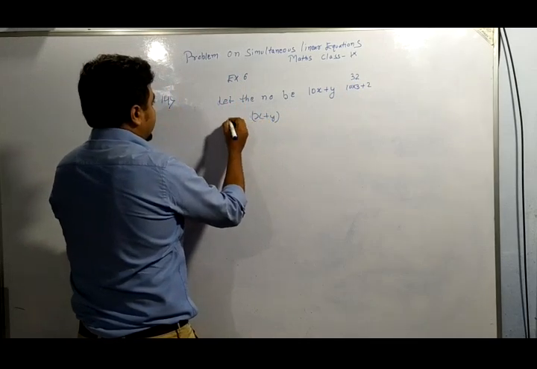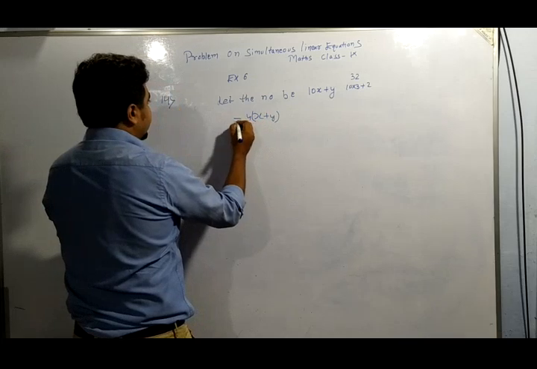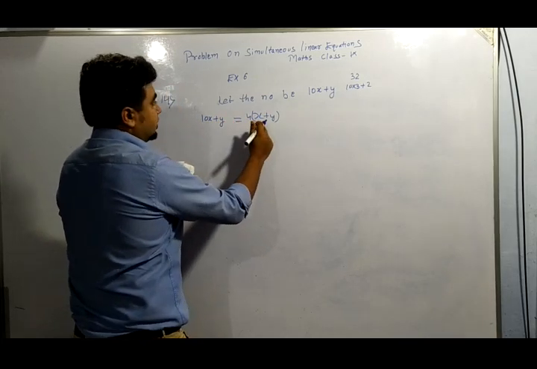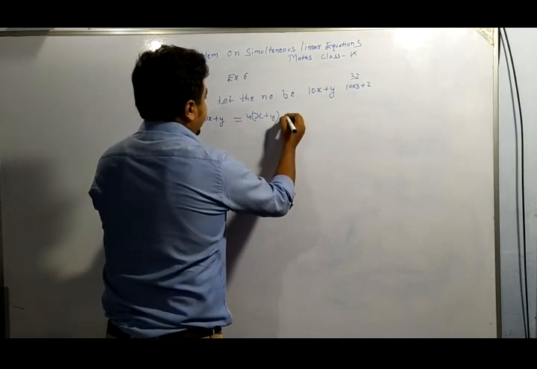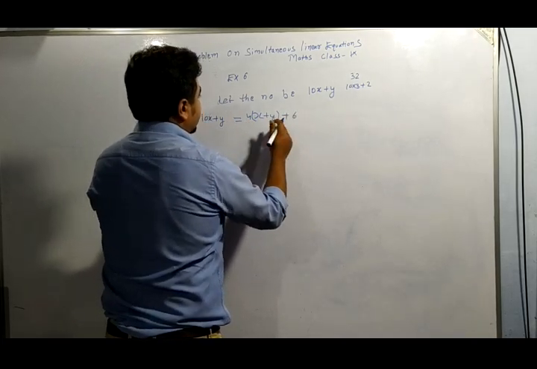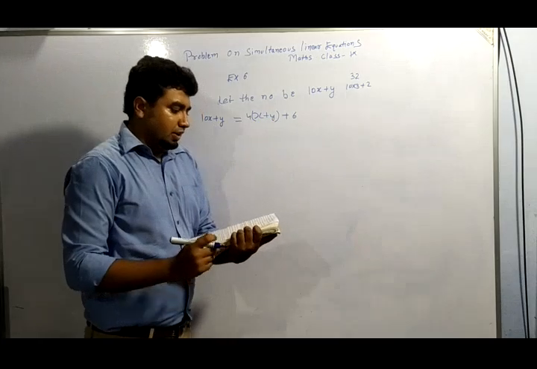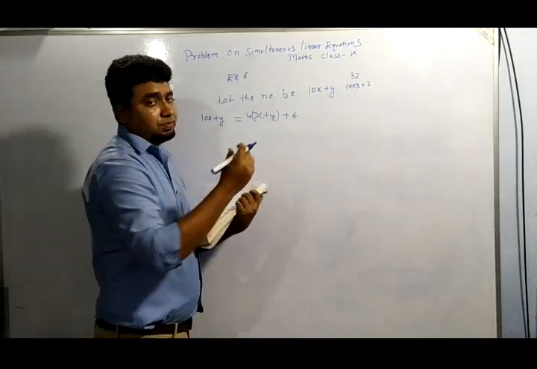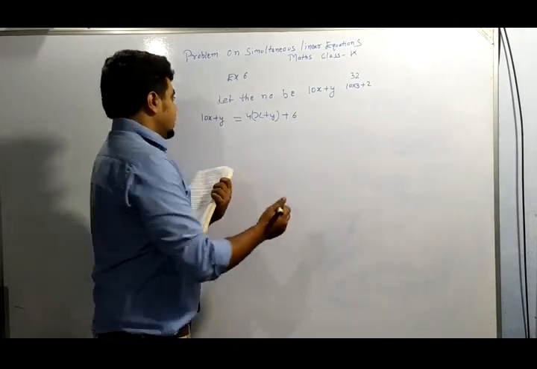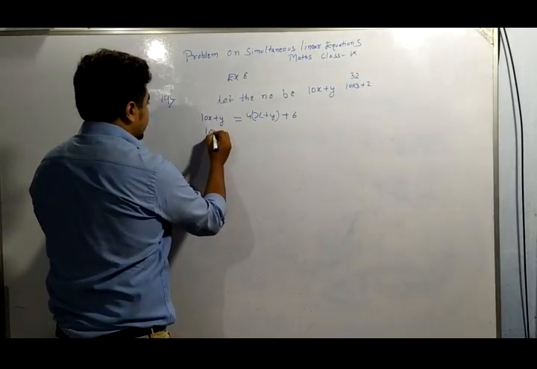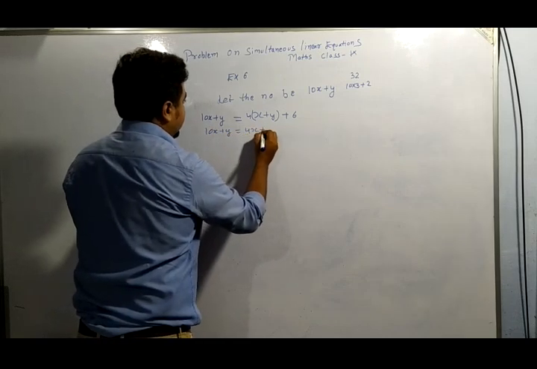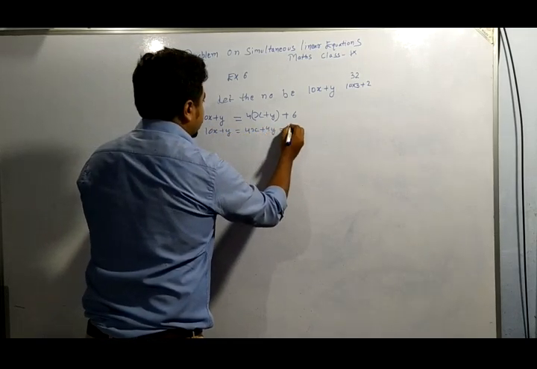And according to the question it is given that the number exceeds 4 times the sum of its digits by 6. So from here we are getting 10x plus y minus 4x plus 4y equal to 6.